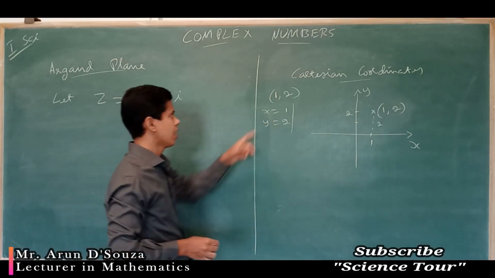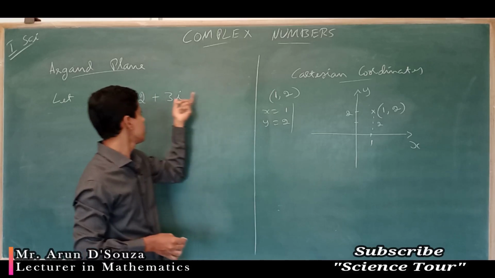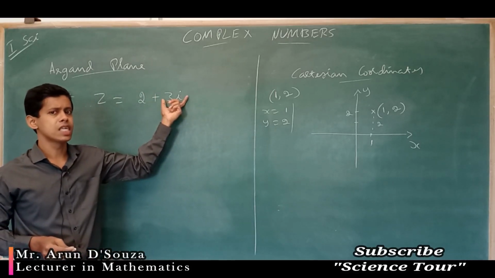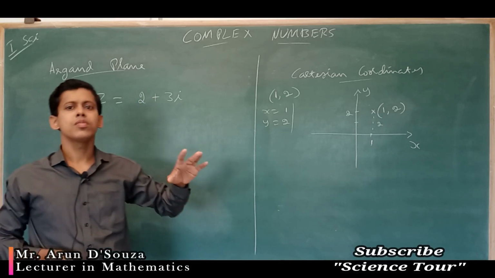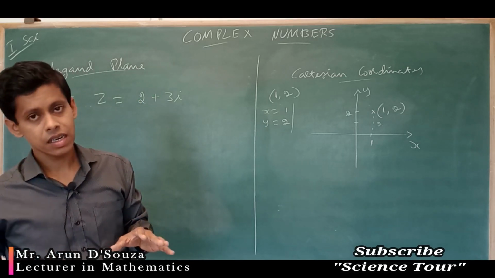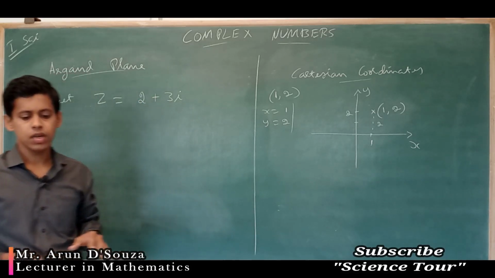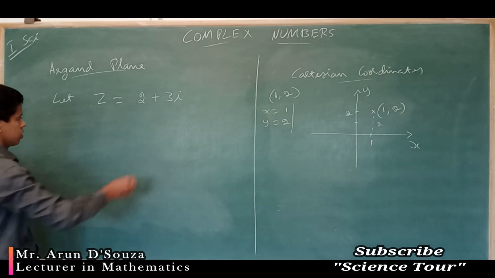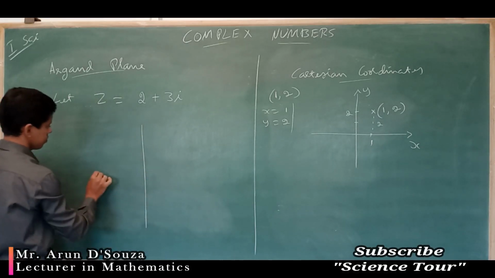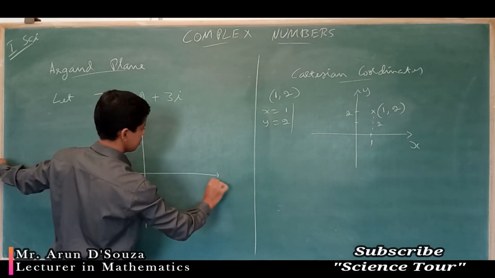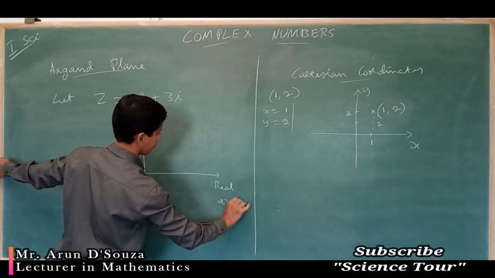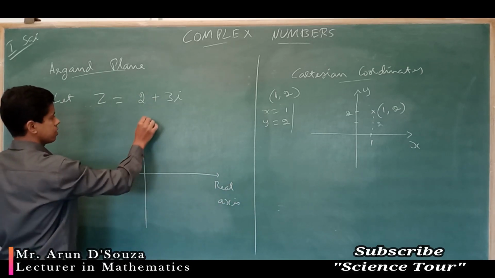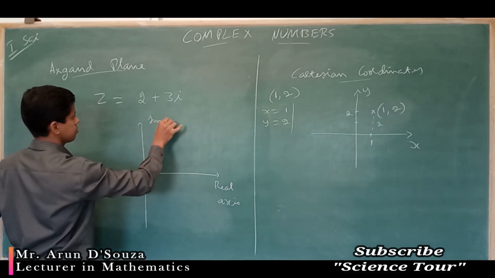Now you don't have real number here. So this is imaginary 3i. Correct? So what we must do is we must have a real axis and one imaginary axis. So this is real axis and this axis is imaginary.